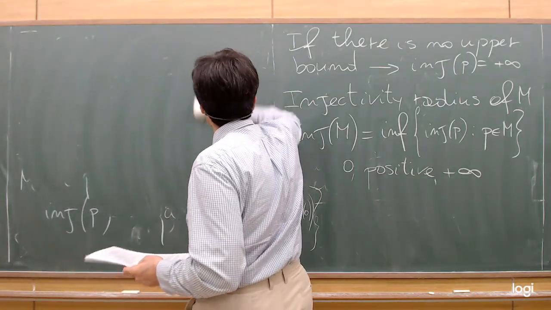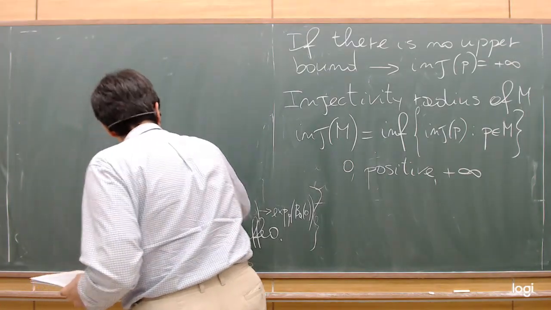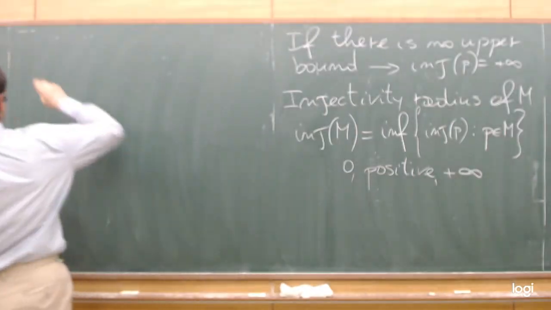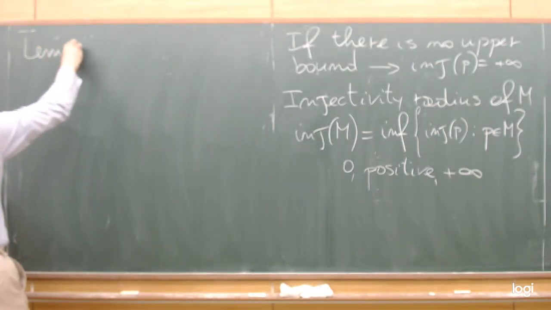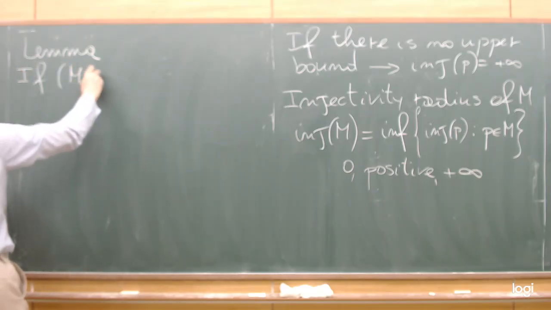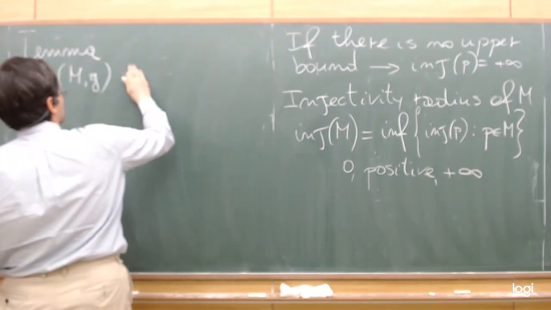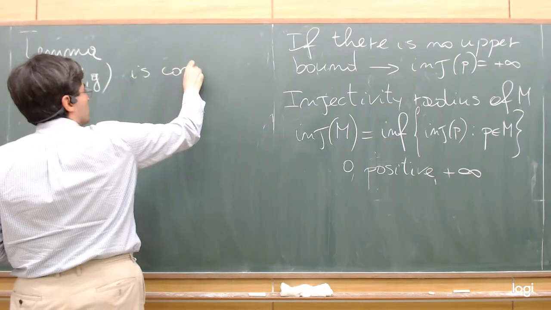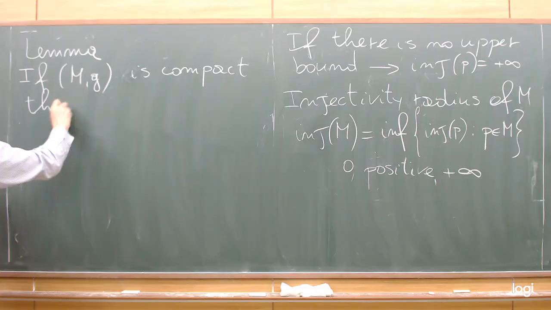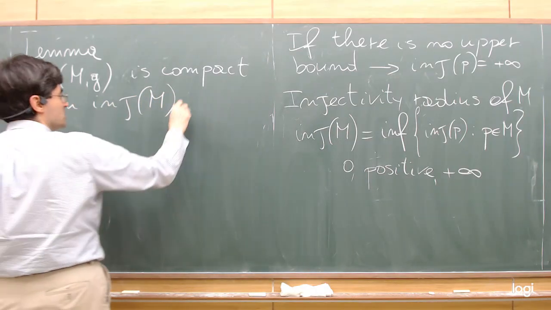It is easy to prove that if (M, g) is a Riemannian manifold which is compact, then its injectivity radius is positive.